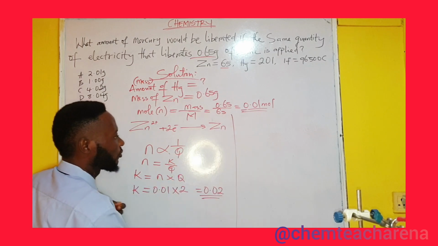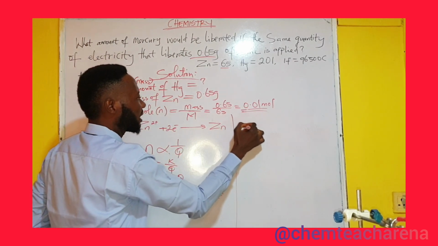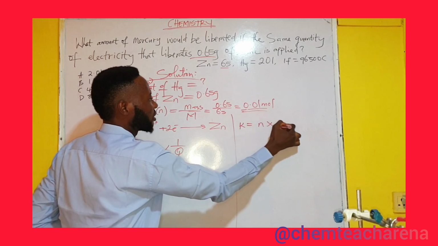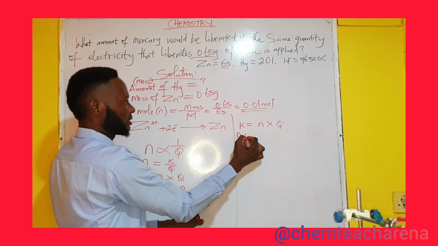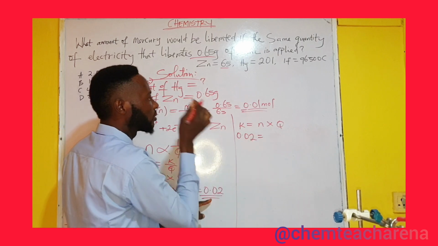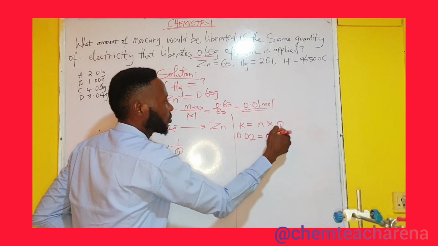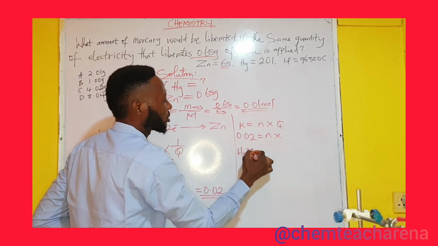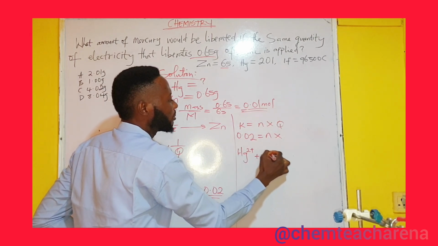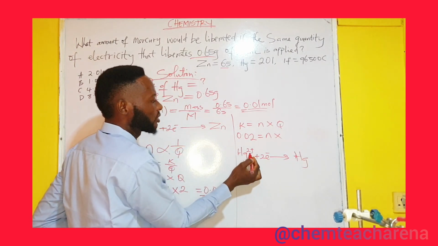Now let's quickly look at mercury. We said k equals n times Q. k is 0.02, equal to n, which we don't know, times Q for mercury. Mercury is Hg2+ plus 2e- gives Hg, so the charge of mercury is 2.